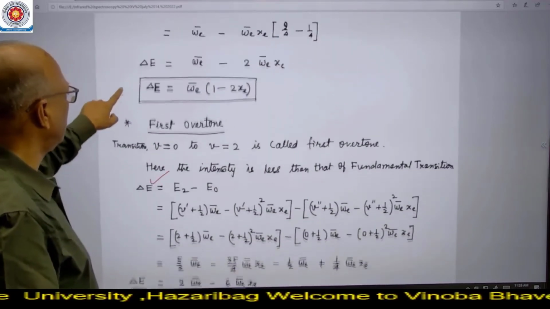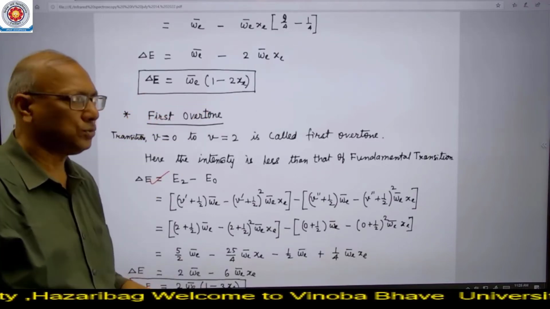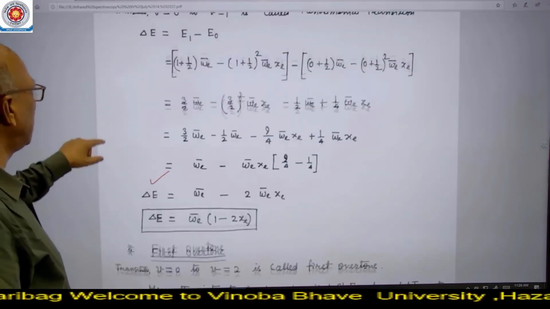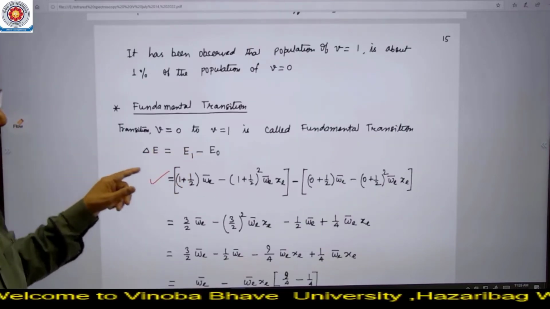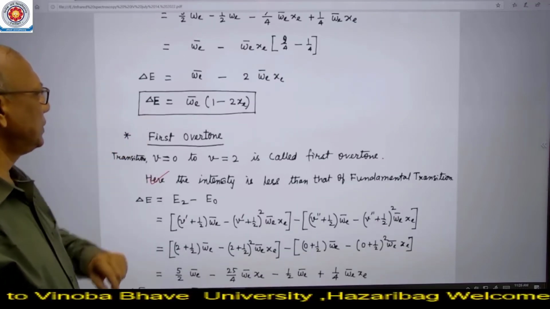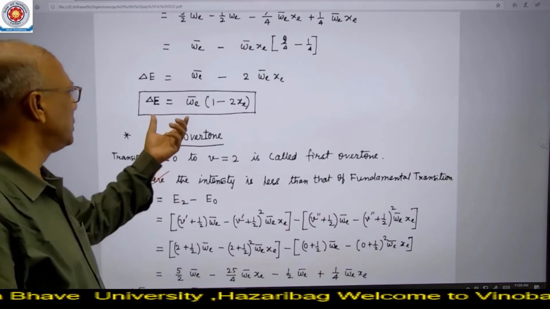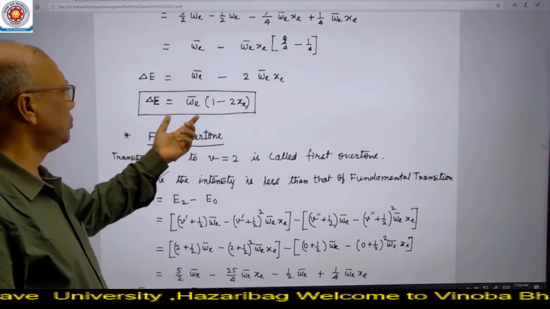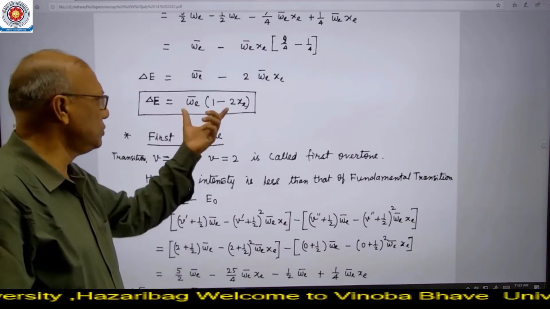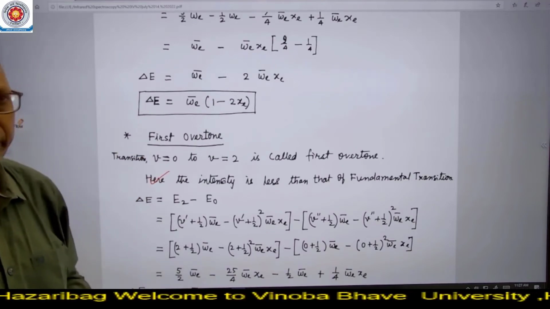So this equation, that is delta E is equal to omega E bar times (1 minus 2 Xe), is the equation for the fundamental transition. If we get a question asking for the equation for the fundamental transition, then we will write this equation. Suppose we have to solve numericals relating to this equation, then we have to know the value of Xe and also the value of omega E. If these two values are known, then the energy for the fundamental transition can be calculated.